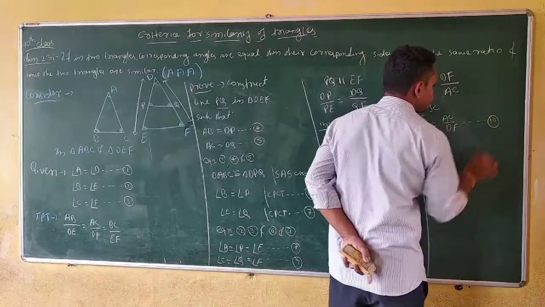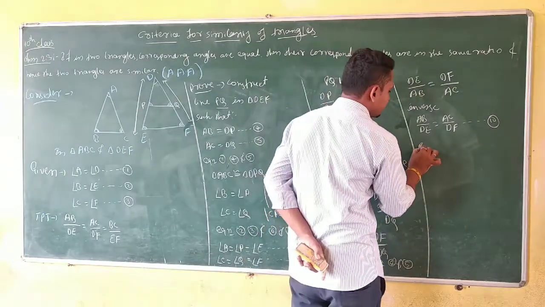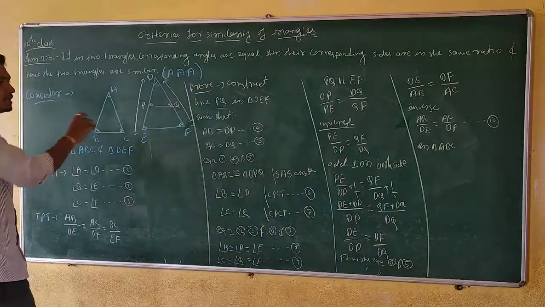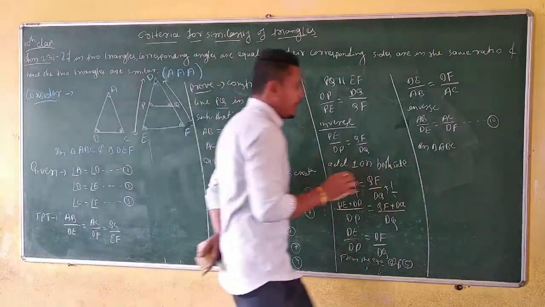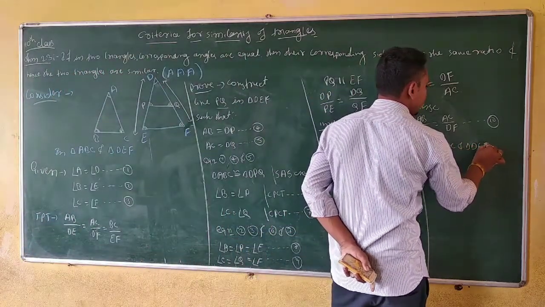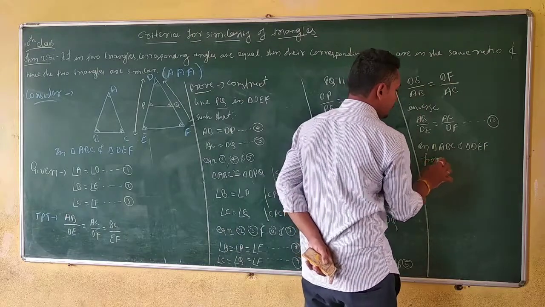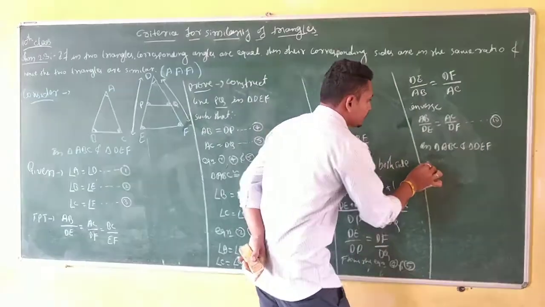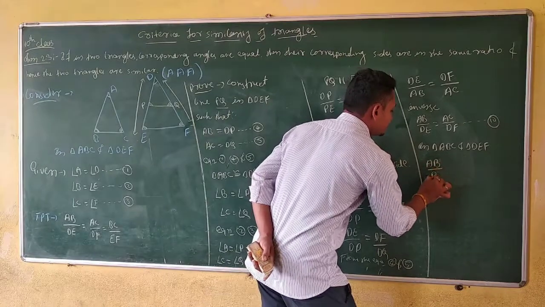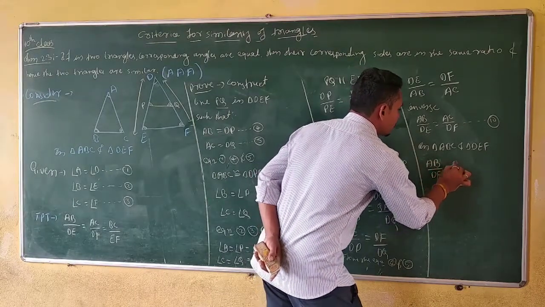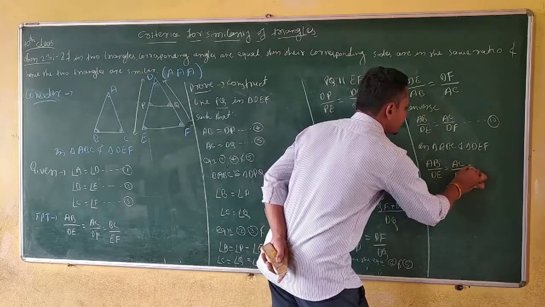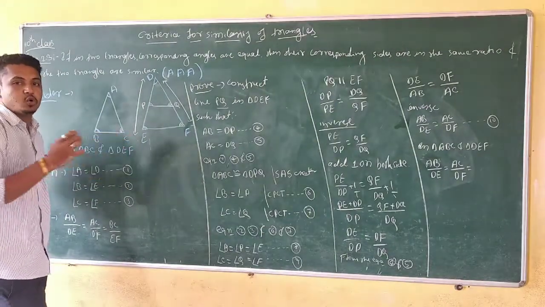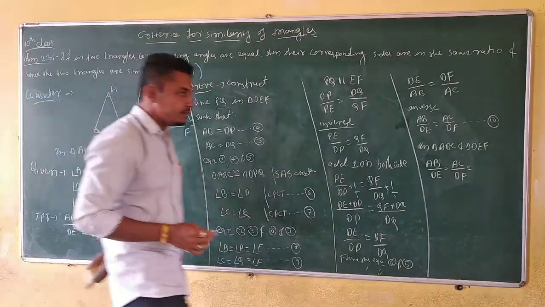So here, in triangle ABC and in triangle DEF, from equation number 4, AB divided by DE is equal to AC divided by DF is equal to the remaining sides, which are always in the same ratio, so BC divided by EF.